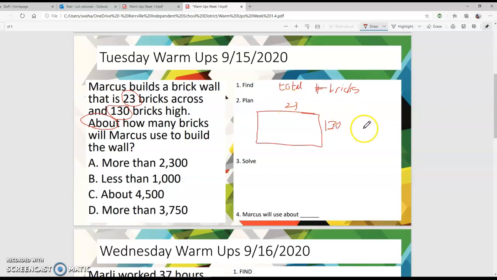So you know you have to multiply these two numbers because it looks like an area problem. You need to find 130 times 23, or 23 is about 20. That's how you write about 20.